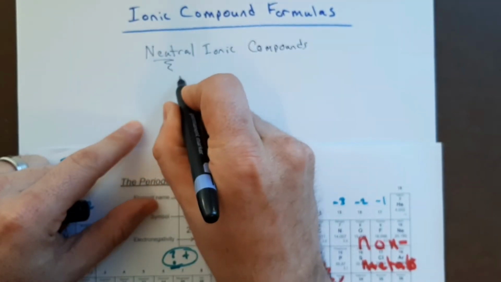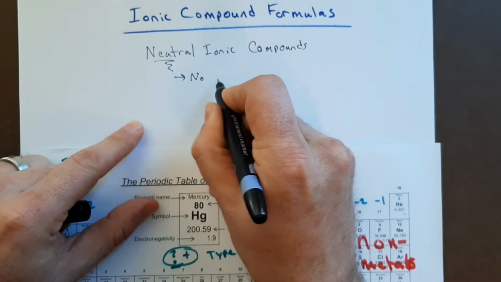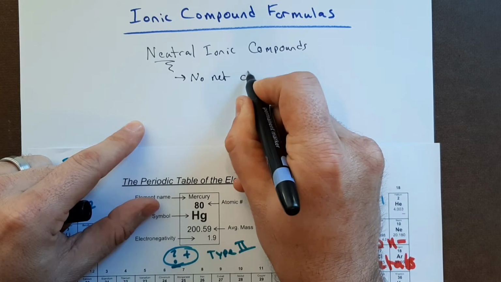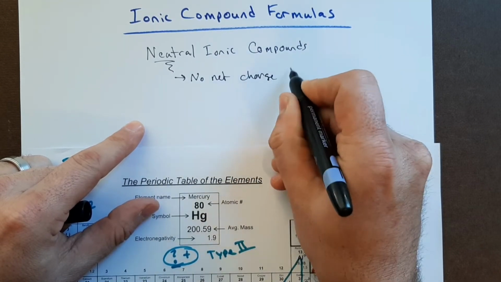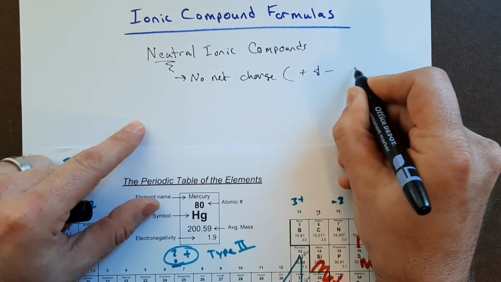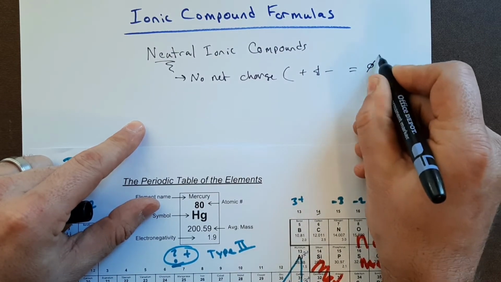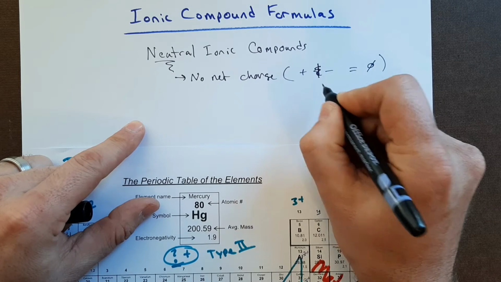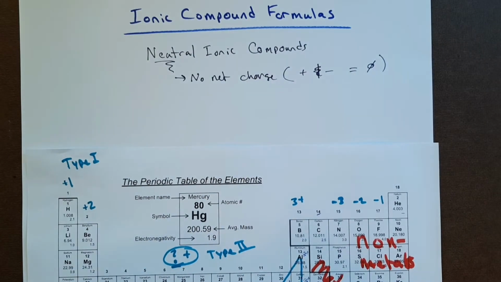And neutral means no net charge. Or in other words, positives and negatives combine to equal 0. So, how does that work?